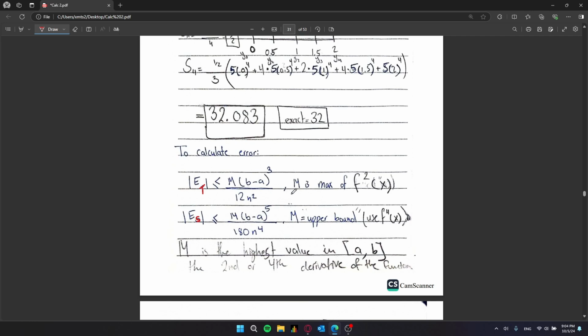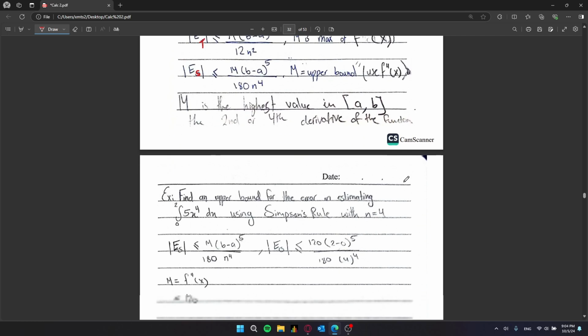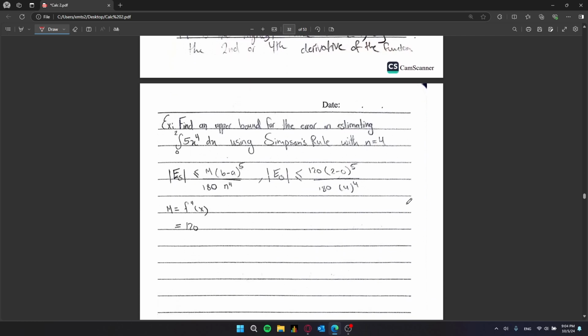What is M? M is the maximum value, or the upper bound value, of the second derivative of f of x, and in the case of Simpson, it is the fourth derivative of f of x. Here is an example of calculating the value of M, which you can then plug in to calculate the percentage error.